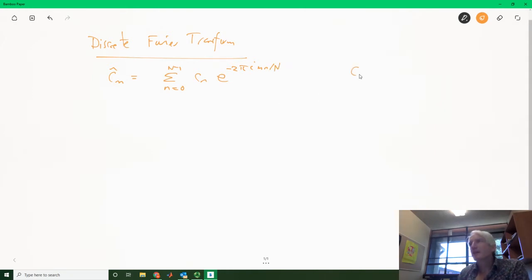It takes a vector c_n and gives you a vector c_m hat. It takes a sequence of points and maps them from one to the other.